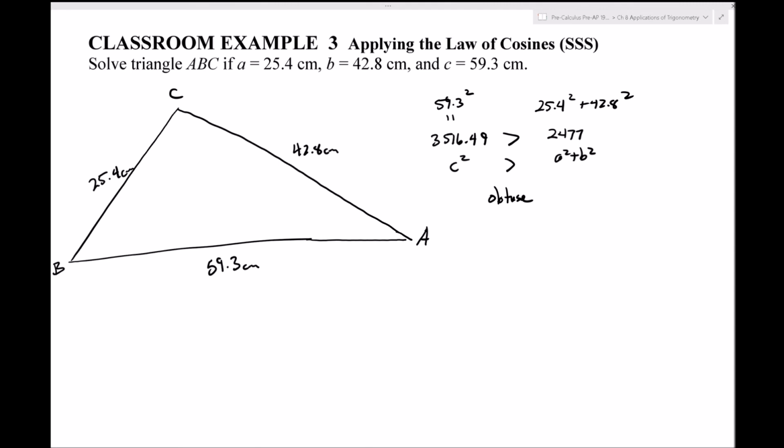So it will not spit out an angle that's bigger than 90. So sometimes what ends up happening is it's going to give you an acute angle that's positive, but that corresponds to a completely different triangle.